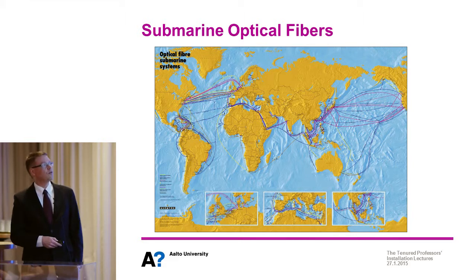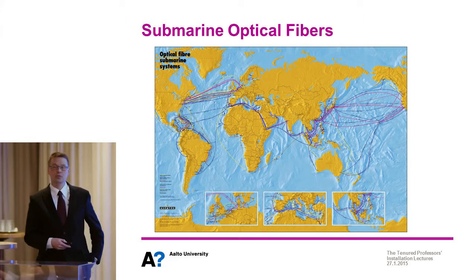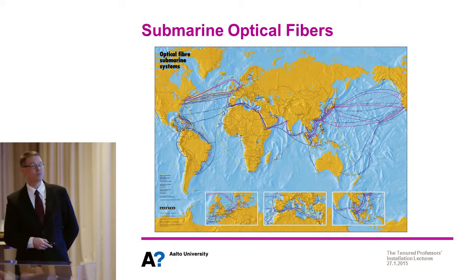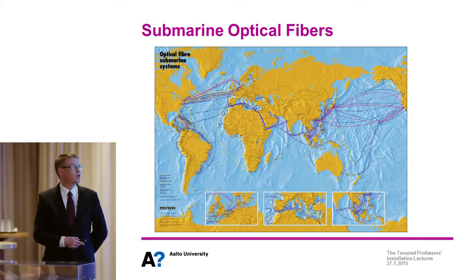And this chart shows the submarine optical fibers. So there are quite a lot of them, and this is really the key of how internet operates.